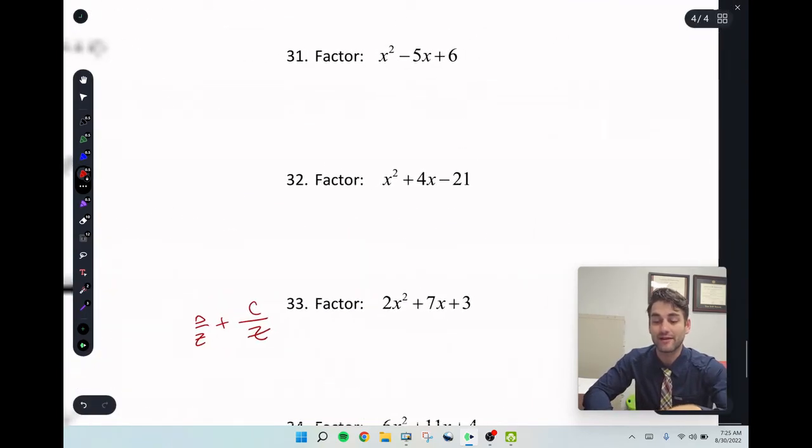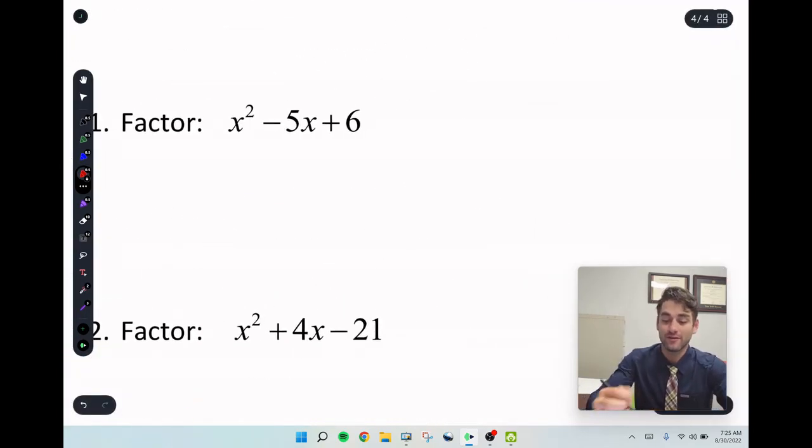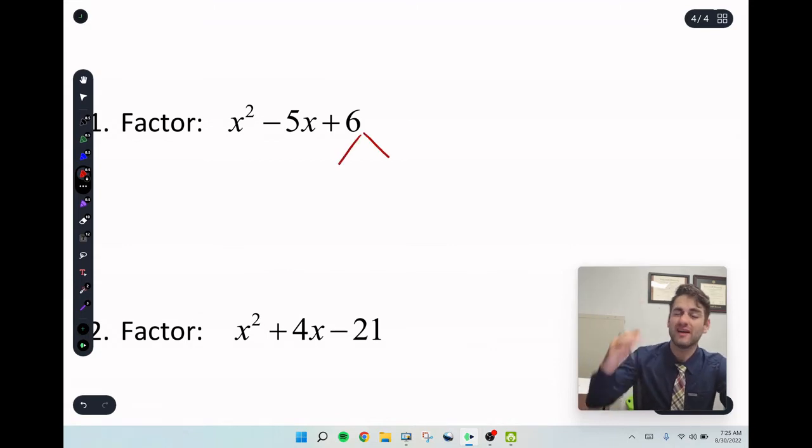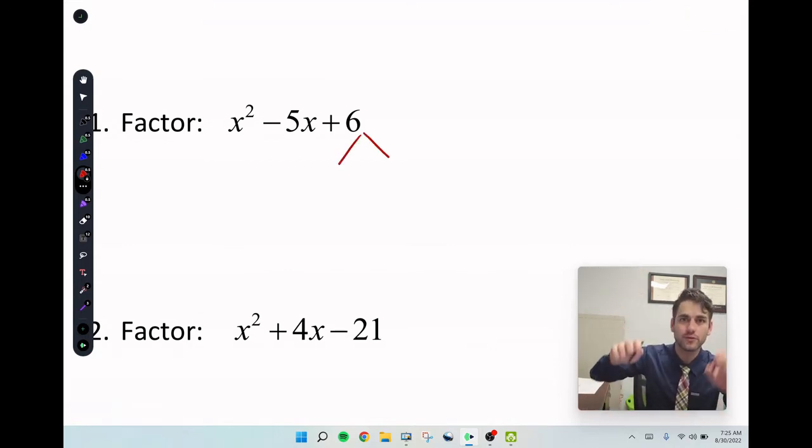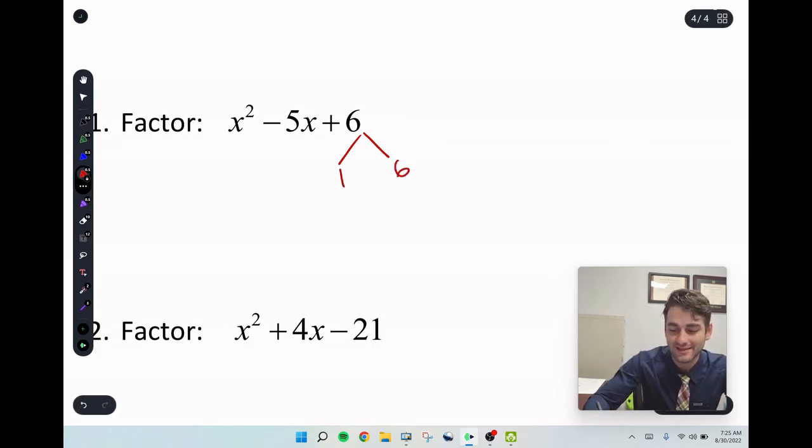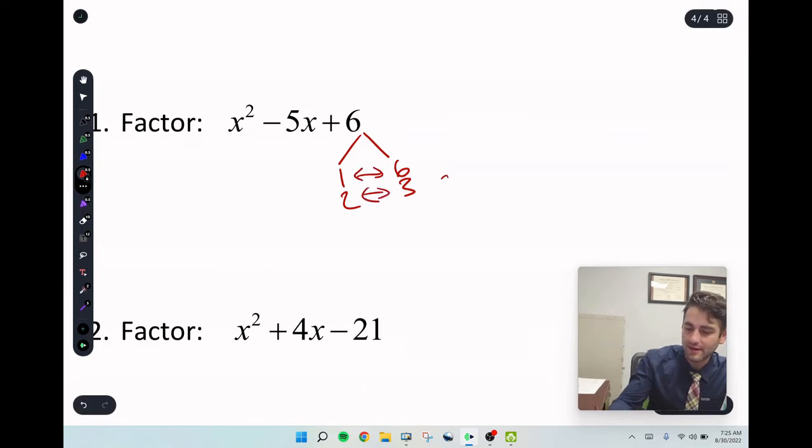Just a note for factoring, I guess, because it is important. Don't forget to break up that last term into all of the factors or multiples of that. So 6 turns into 1 and 6, 2 and 3, and that's really it. So don't forget to break it into all those multiples and see which ones add up to give.